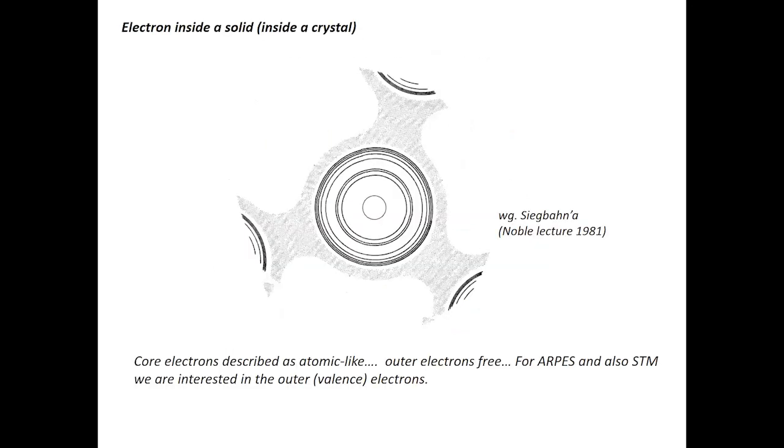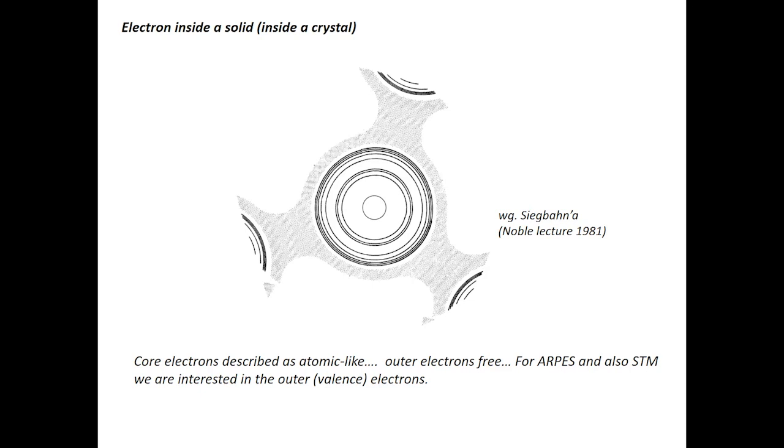To see it in a little more detail, you have many electrons in the crystal, and some of them are tightly bound as core electrons. Then you have valence electrons. In metals, they are not bound; they are free electrons, so they conduct electric current and so on.